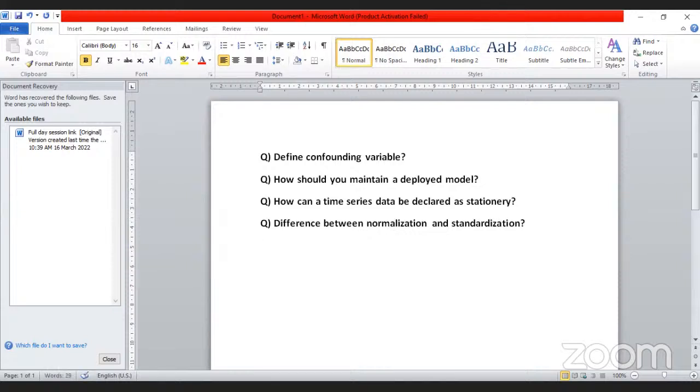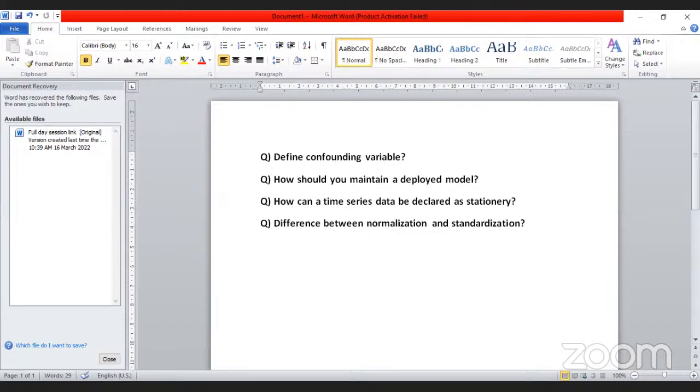Standardization is the technique of converting data in a way that it is normally distributed, with a mean of 0 and a standard deviation of 1.